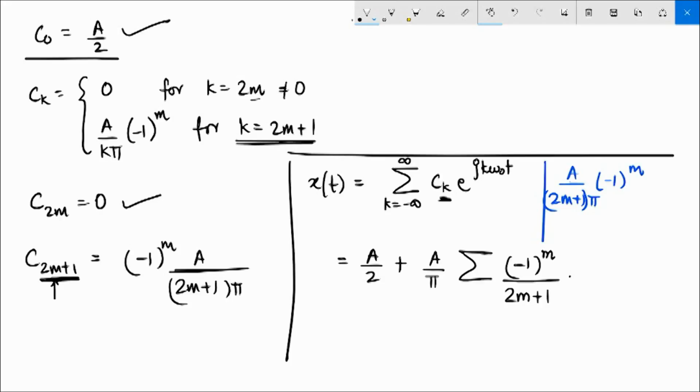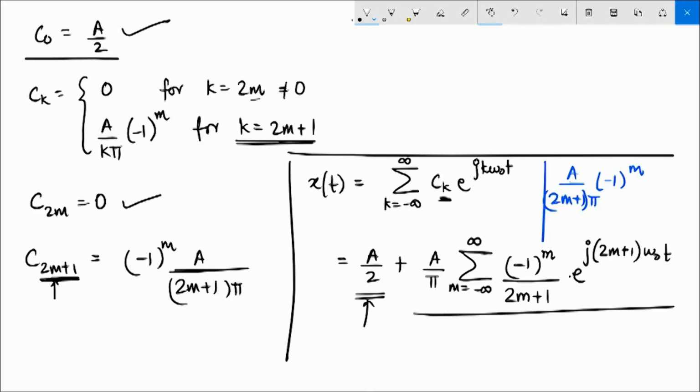Because k is only 2m plus 1. So e to the power j, where k used to be, now it will be 2m plus 1 omega naught t. Now m varies from minus infinity to plus infinity. This summation does not involve the c0 term. The c0 term has come in here and these are all the remaining terms.